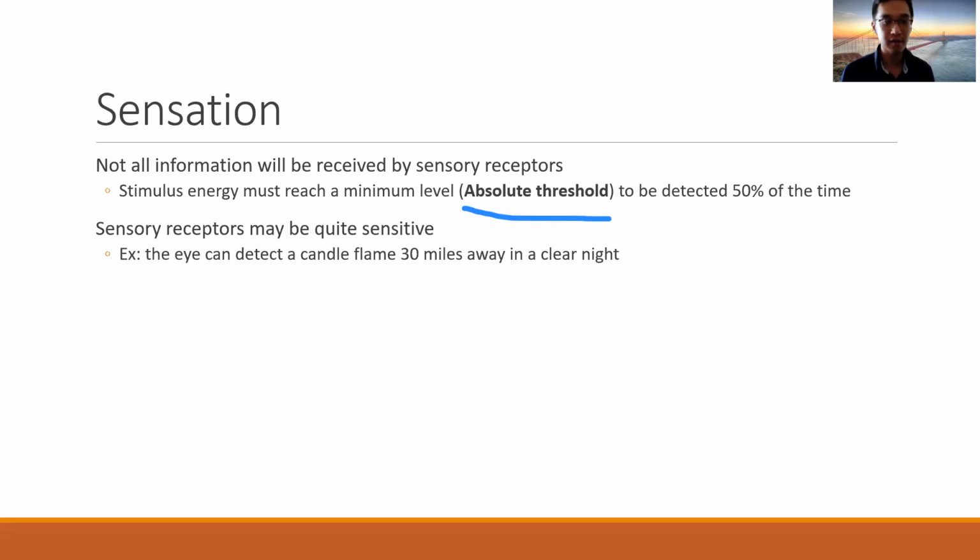For example, there is an example in the textbook: one human eye can detect a candle flame. When a candle is lit, the eye can detect the candle flame 30 miles away on a clear night. I think that's a very strong ability.